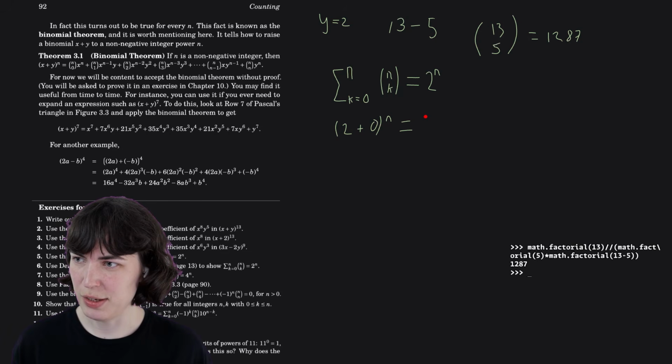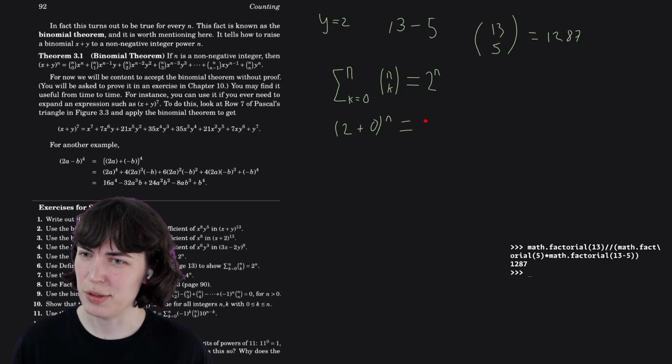So y is always going to be 0 for all of the terms other than the first. Okay. So if we've got this, which is the same as this, then all of the terms other than the first one will end up being 0.